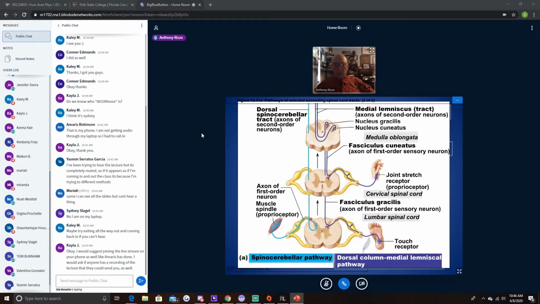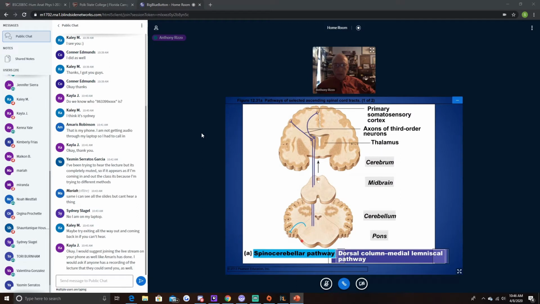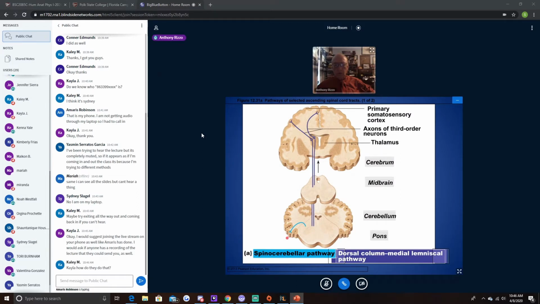the muscle to the spinal cord, where in this case there is a synapse, and the second order neuron ascends all the way up. Oh, look, it went to the cerebellum.